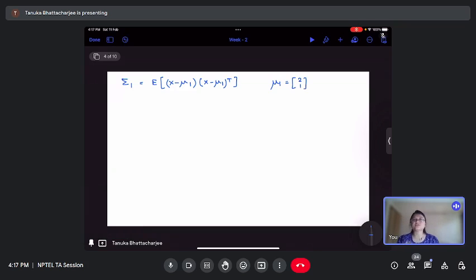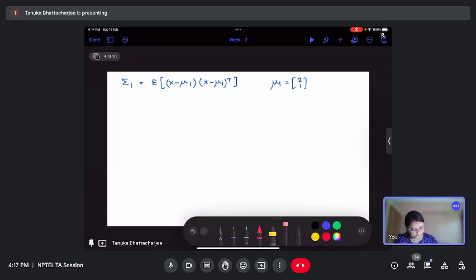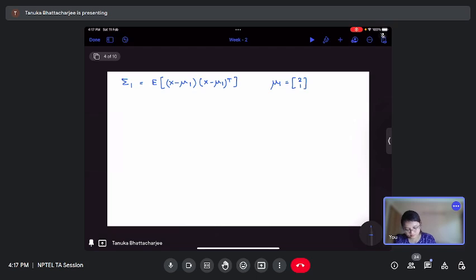Now, since we have a limited number of samples, only 4 samples, we have to approximate the expectation by the average.